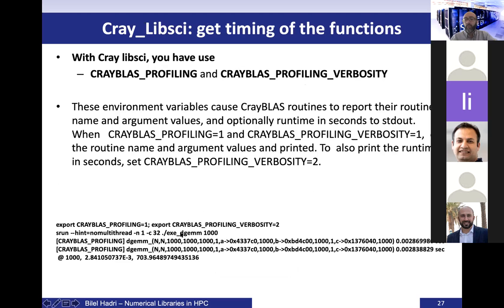Here I'm just running a DGEMM of size 1000, and by doing this export I got an output saying you are doing a DGEMM of size 1000, and it took 0.002 seconds, so 2.8 milliseconds. You see the performance is 700 gigaflops, which is great. Okay, we'll see it later on.